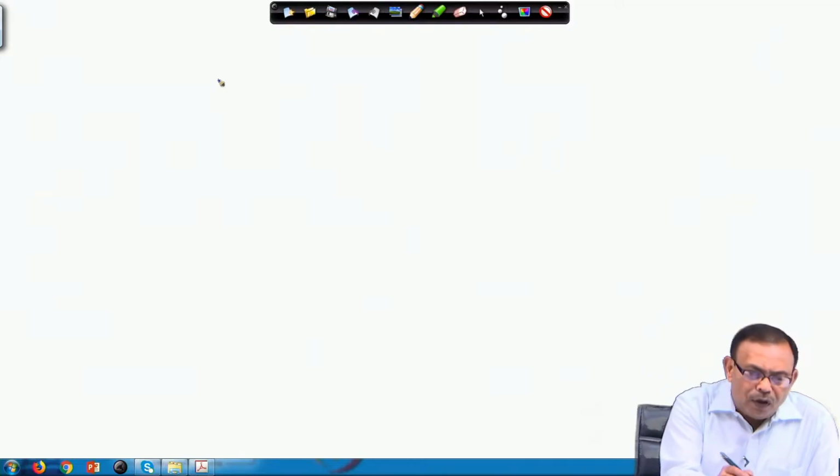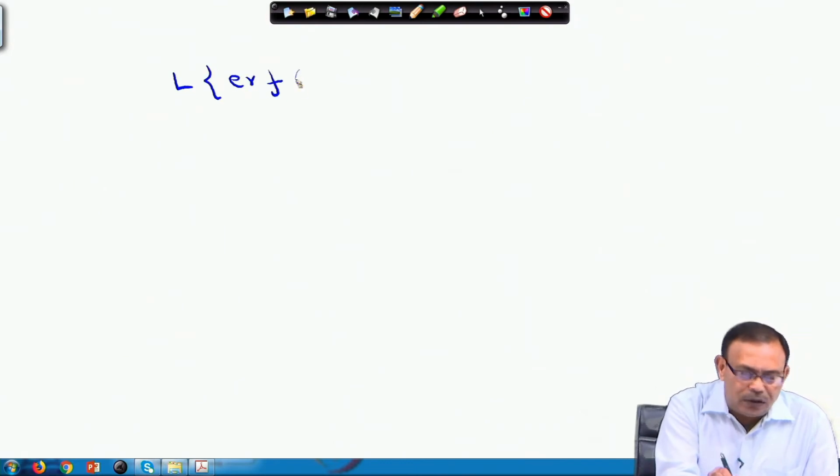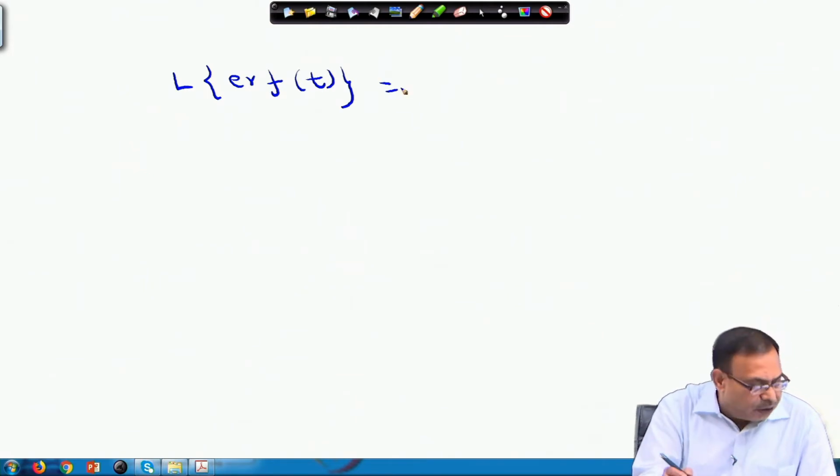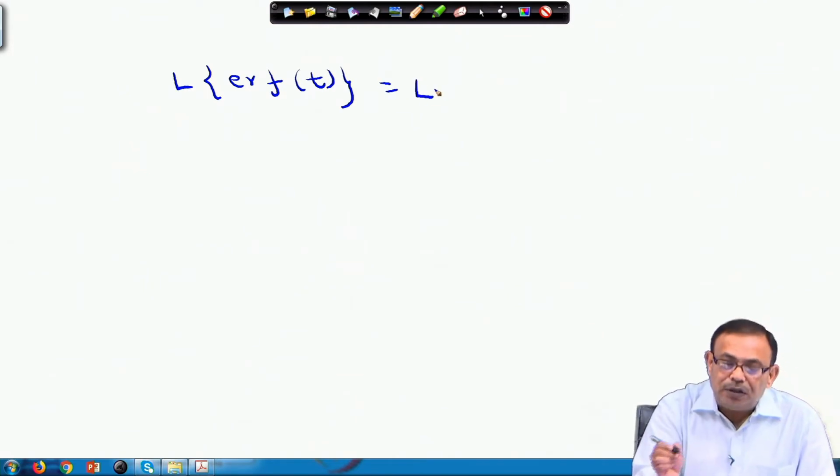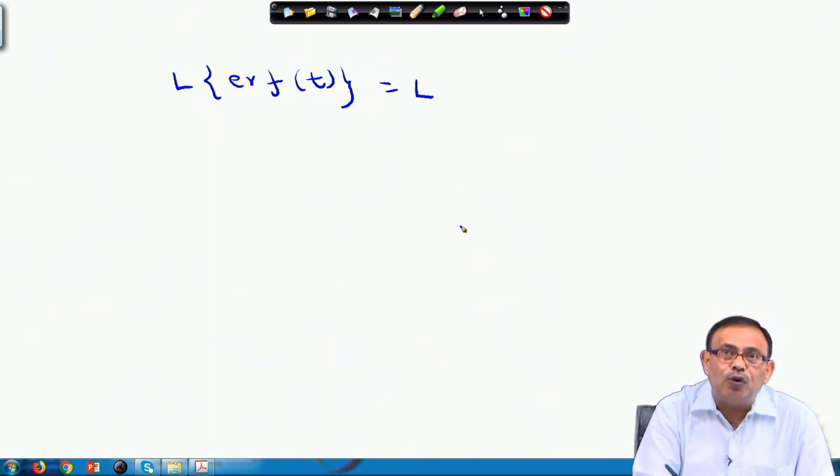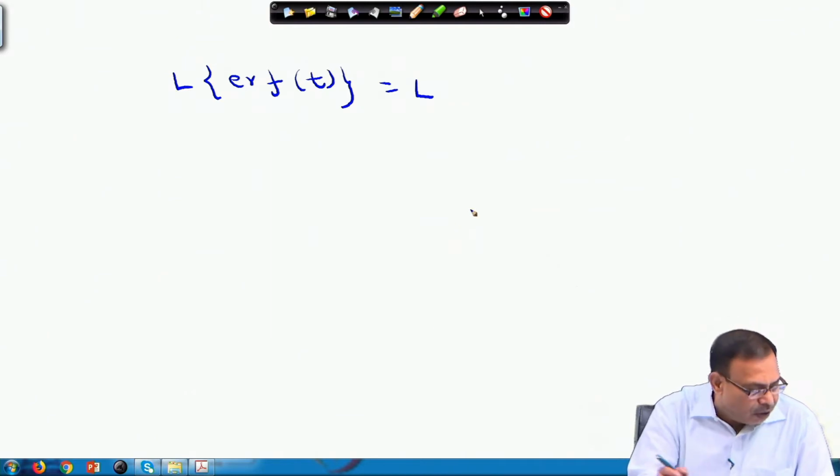Now, what is the Laplace transform of error function of t? Those things we told, certain properties. Please note that this error function and some more functions are very useful for solving various kinds of engineering problems also.